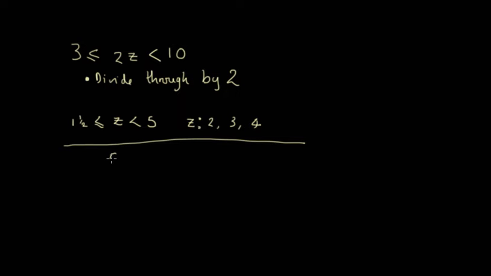Let's think about this next one. 5 is less than 3x minus 1, less than or equal to 14. Now we're going to think about solving these in exactly the same way as you would have done an equation. So we want to get rid of the minus 1 first. So we're going to add 1 through the inequality.